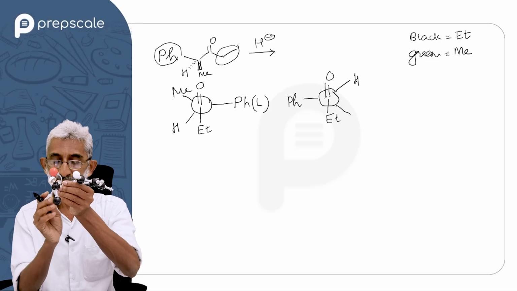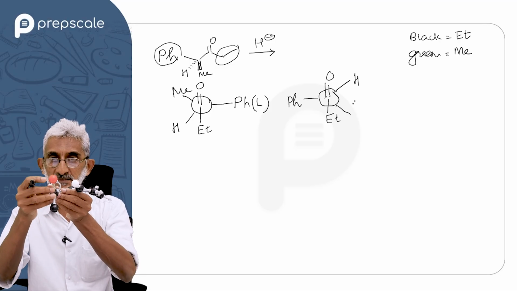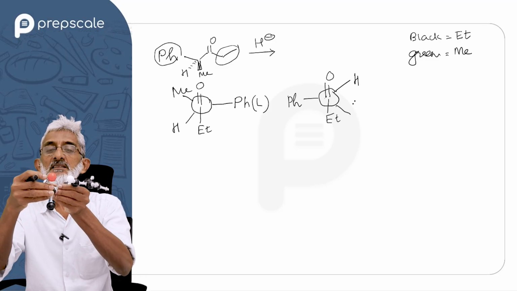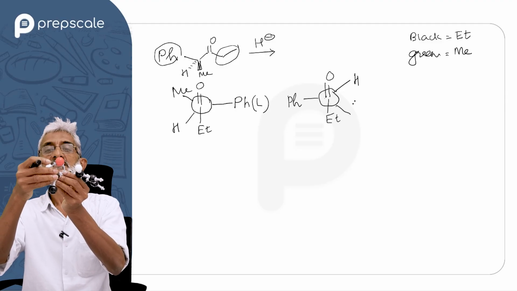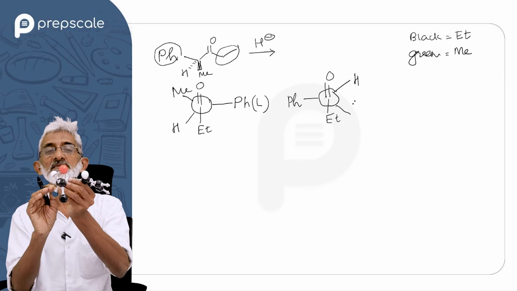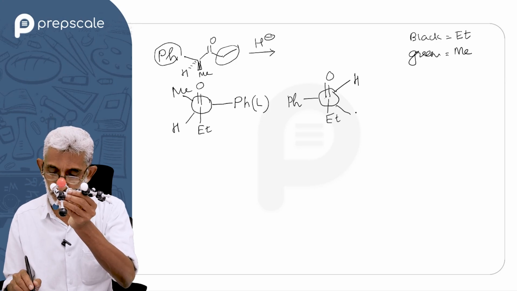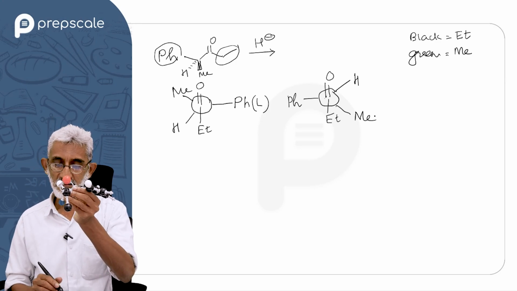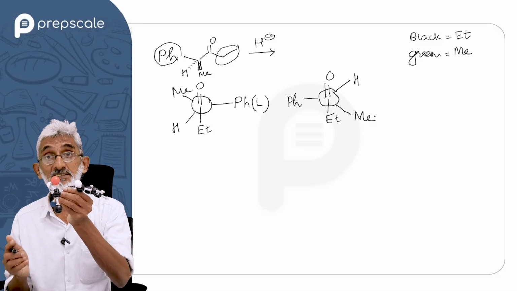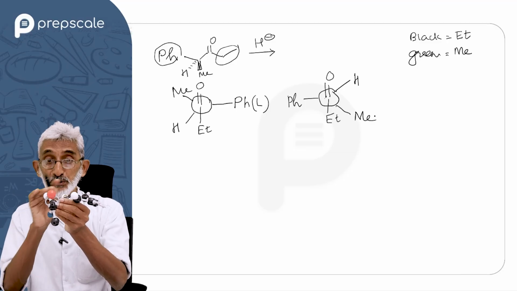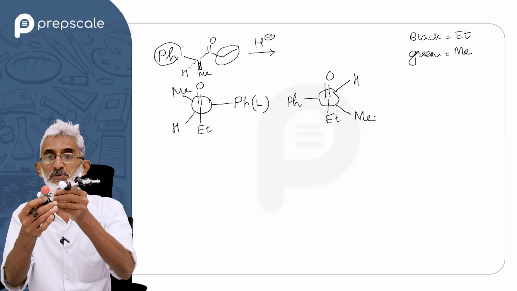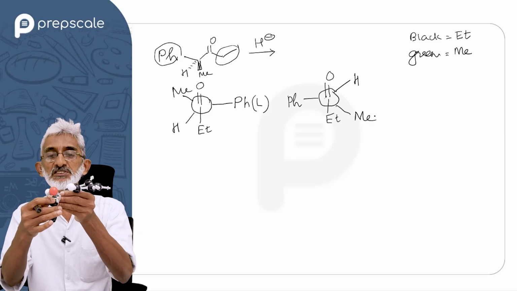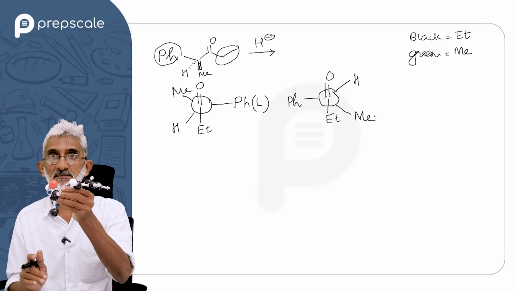And this is, yes, like this. See, this group is methyl group. So these are the two possible conformations in which, of course, you can have many. This is another conformation, but none of them are stable. These two are the most stable conformations, reactive conformations.